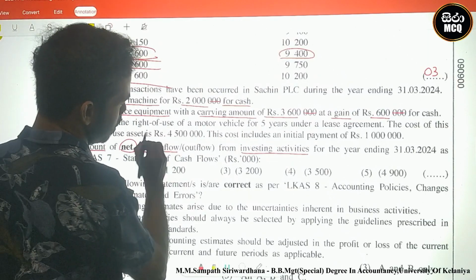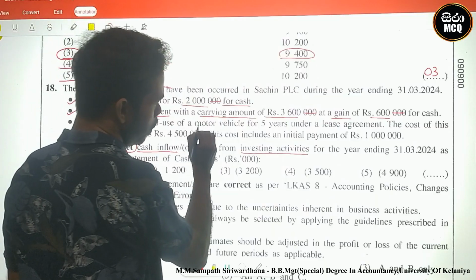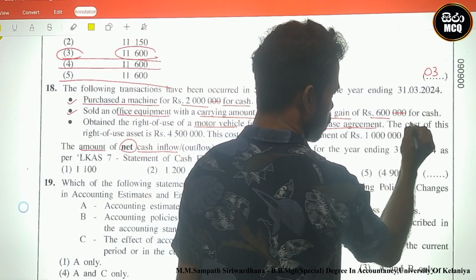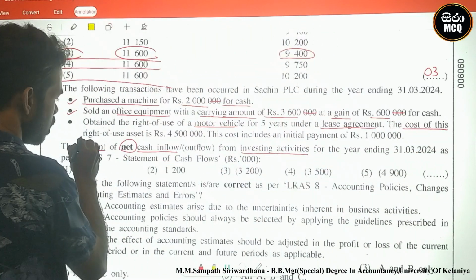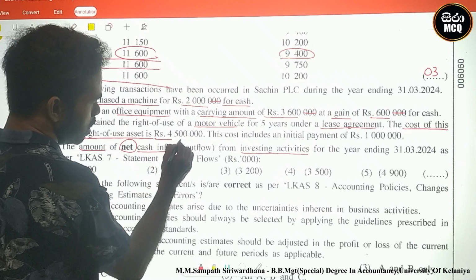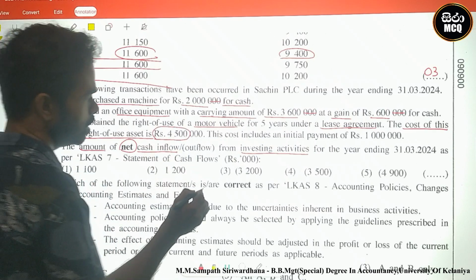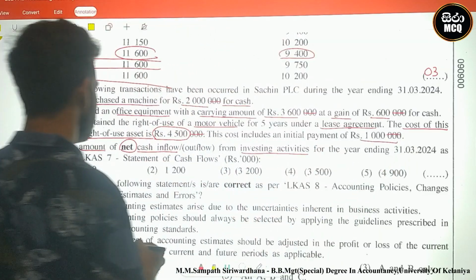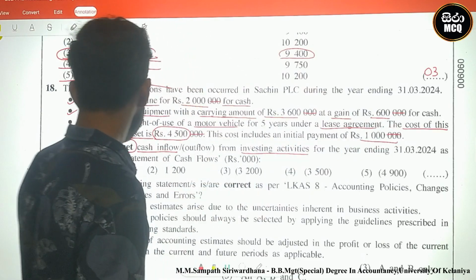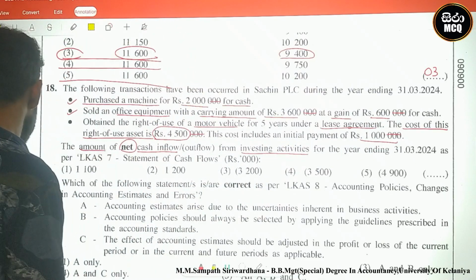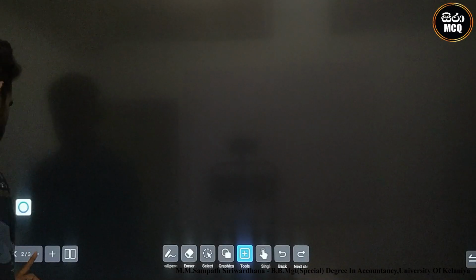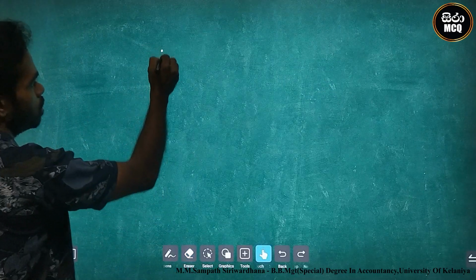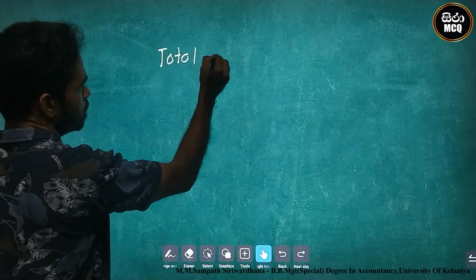Obtained a right of use of a motor vehicle for 5 years under a lease agreement. The cost of this right of use asset is 4,500. This is the total cost of this right of use asset.